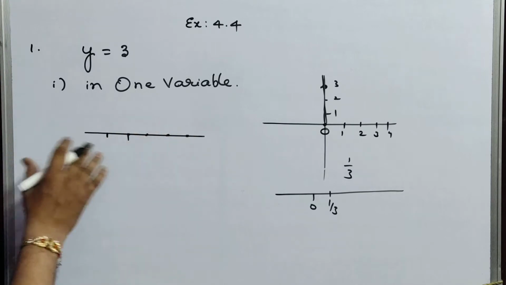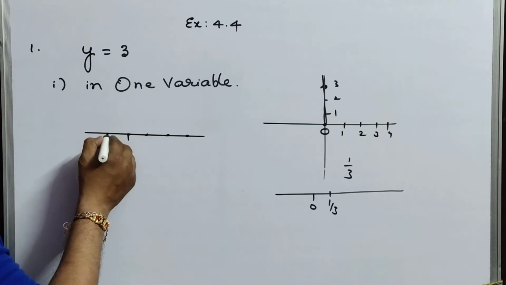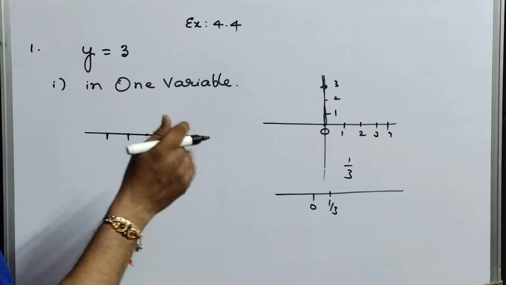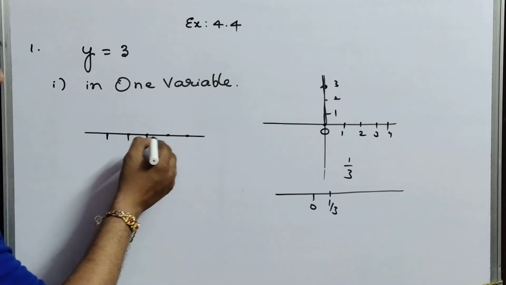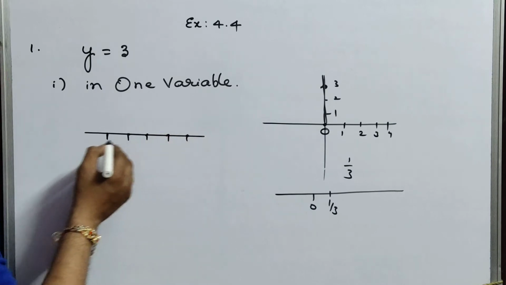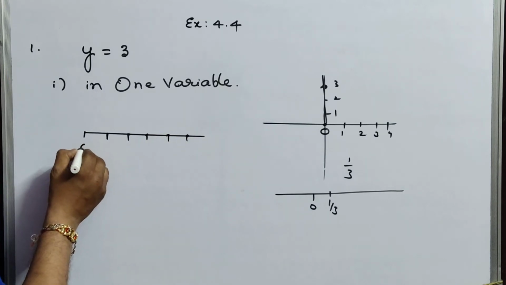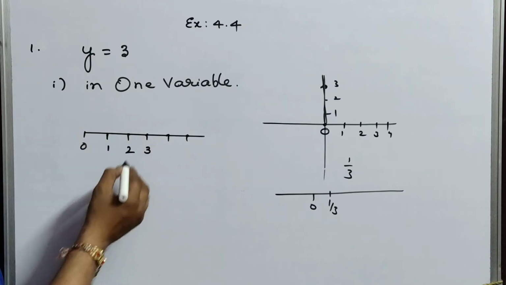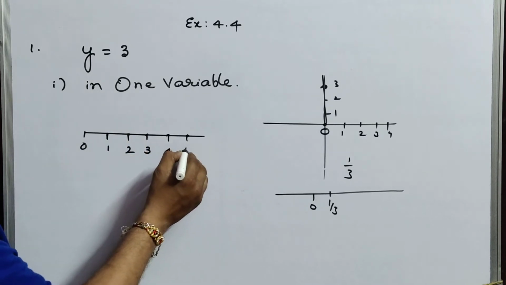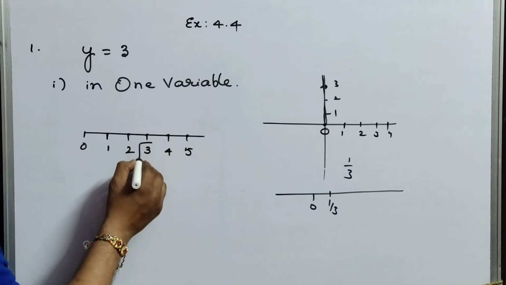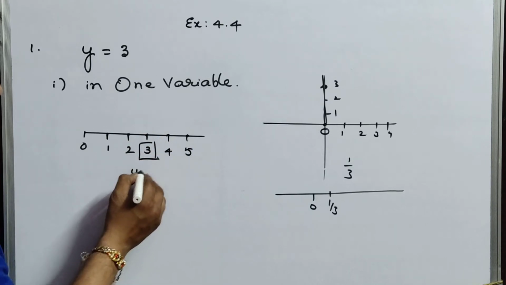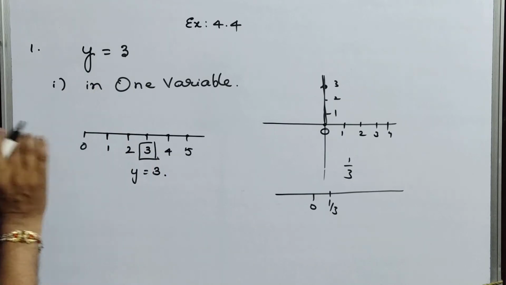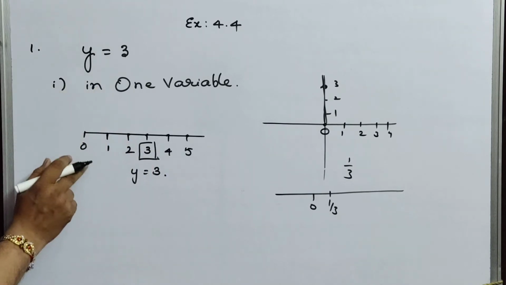Don't think my scale is a little big, just draw a convenient line, either 10 or 15, whatever it may be. Then each unit is 1 centimeter. Here 0, 1, 2, 3, 4, 5. This is y equals 3. You can write here y equals 3. This is in one variable.